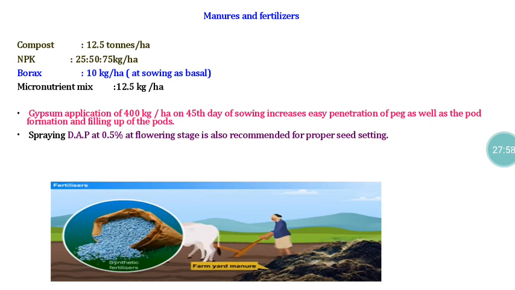Apart from that, since it is a seed crop, we have to apply DAP 0.5% during the flowering stage. This will help the plants for better kernel development.